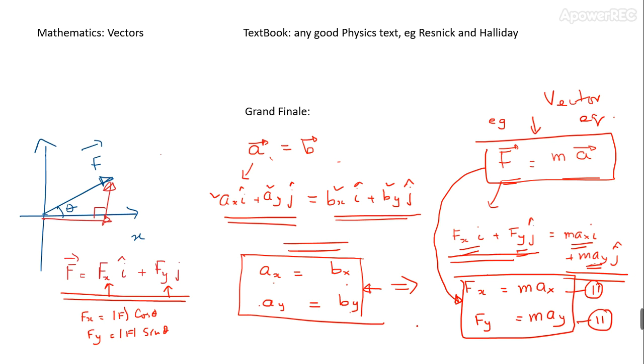Similarly, in 3D, we will have one vector equation like this equivalent to three scalar equations. There will be a third equation which says Fz is equal to maz, but like I said, our focus is on two-dimensional problems, so we'll be using this.